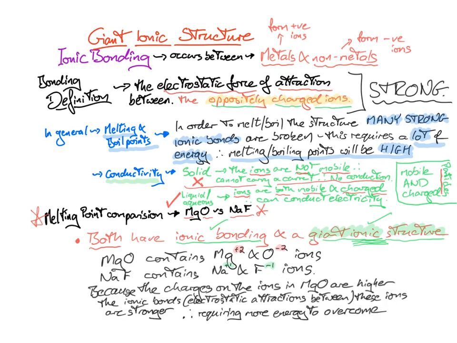Okay, so that's written in for you now. Let's just run it through with a highlighter. Because the charges on the ions in MgO are higher, the ionic bonds between these ions are stronger. The electrostatic force of attraction between these ions is stronger, requiring more energy to overcome.